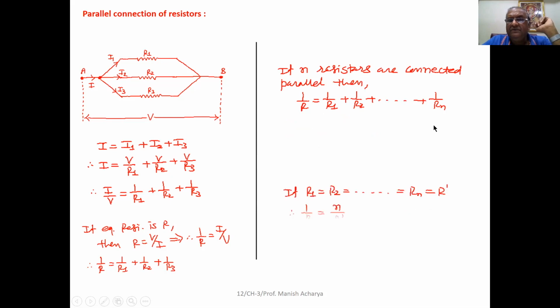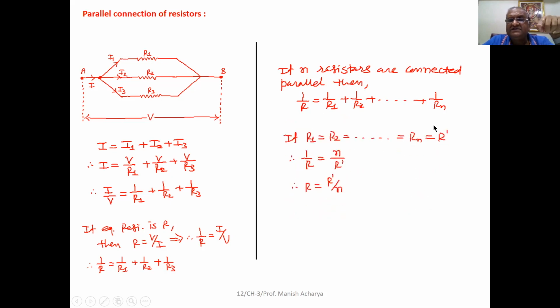Now here, if all the resistors connected in the parallel combination have the same value, meaning R1 equals R2 equals Rn equals R dash, then we can write 1 upon R equal to 1 upon R dash plus 1 upon R dash plus 1 upon R dash up to n times.